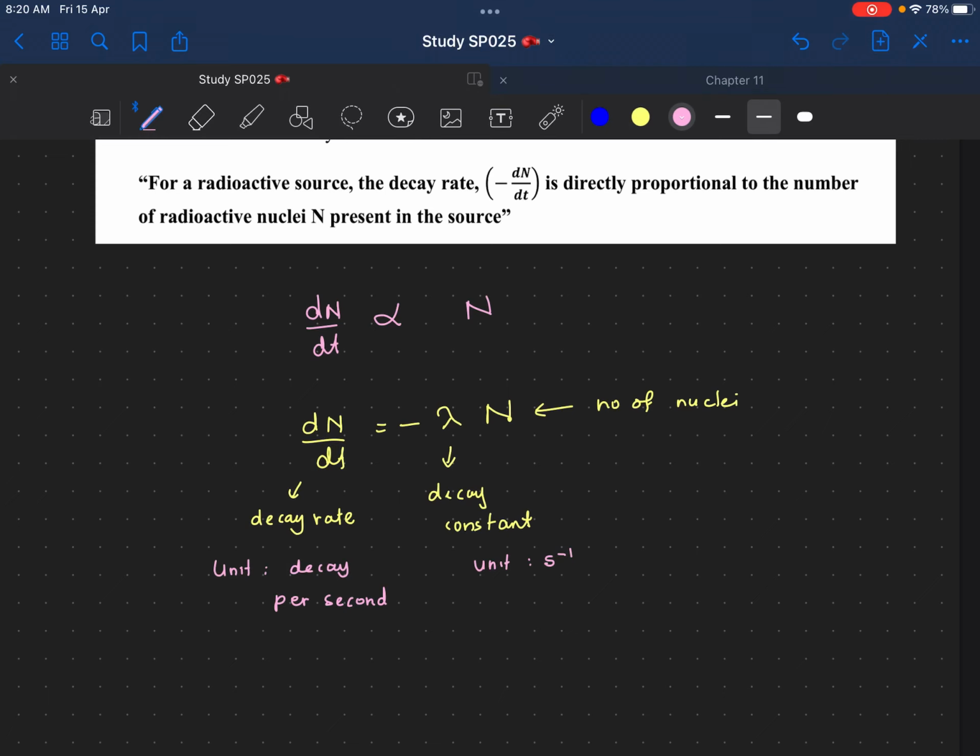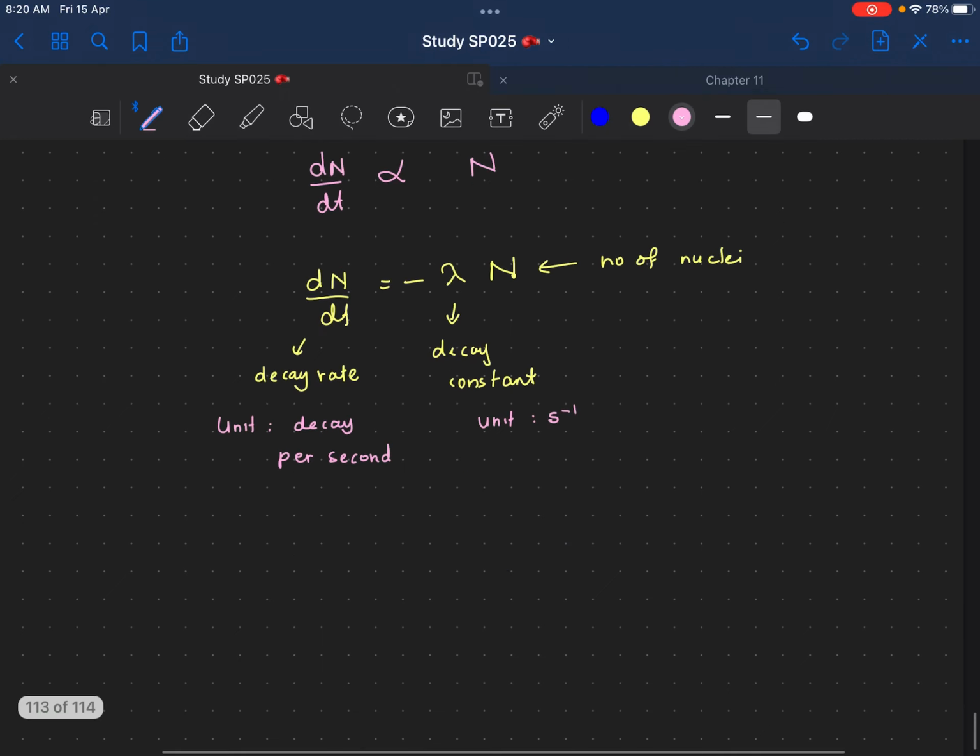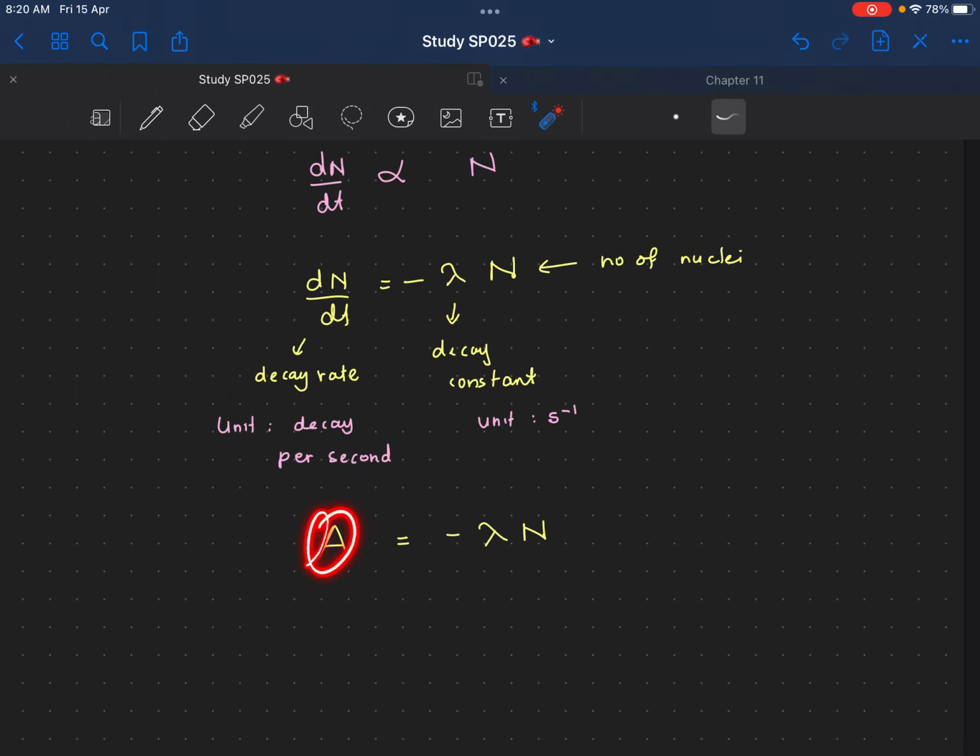And then we are going to talk about the activity. So activity adalah sama maksud dengan decay rate lah. So activity is also dN over dt and the equation will be the same lah. Negative decay constant darab dengan N. So bila soalan minta activity, we know that it always refers to the decay rate juga. But it has its own unit lah.